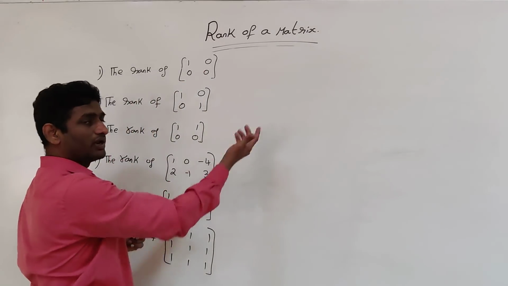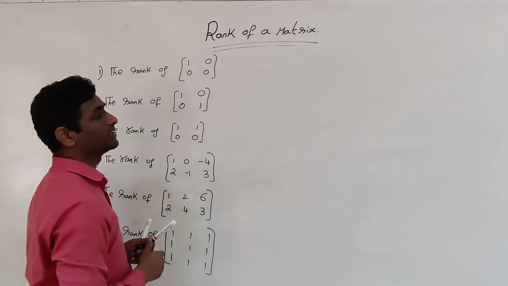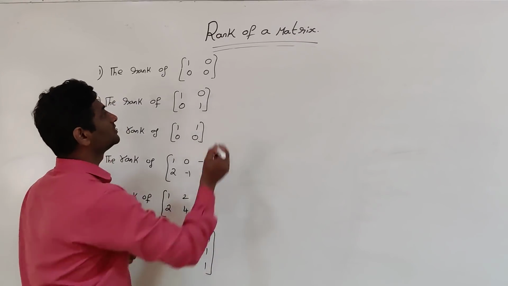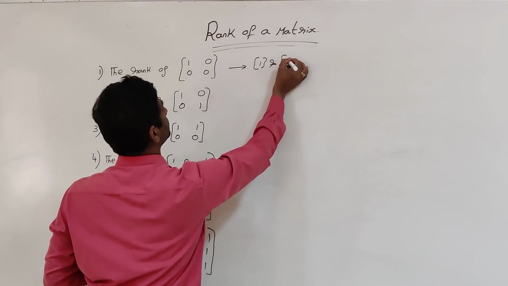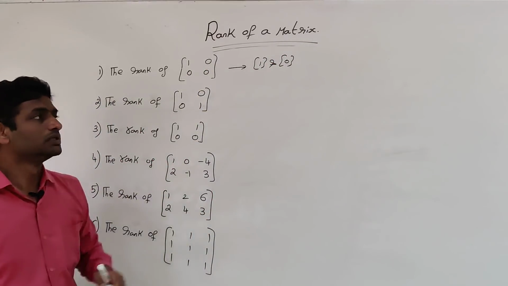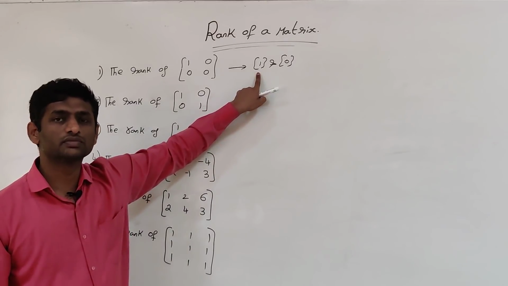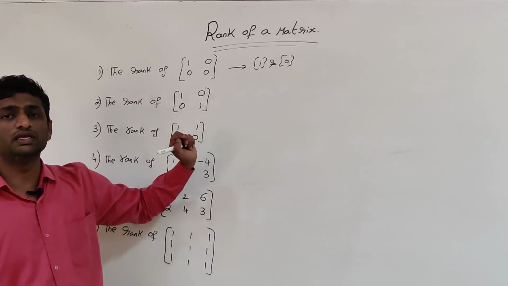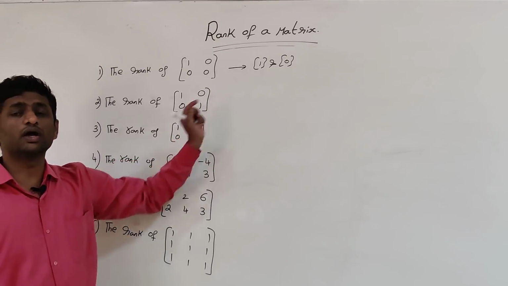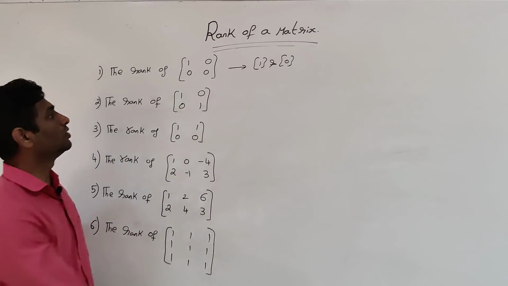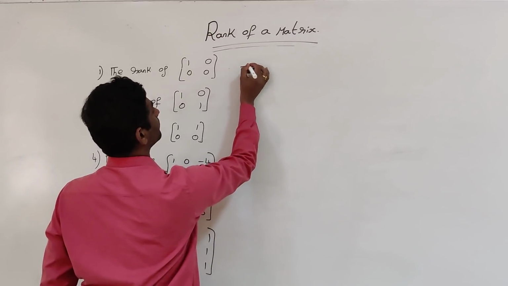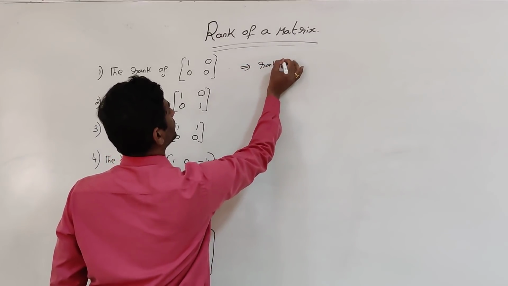The square submatrices we can have are only 1 and 0, because some of them are repeated. So 1 is non-singular. At least one of the 1 by 1 square submatrices is non-singular, so the rank is 1. So what is the rank? Rank of A is 1.